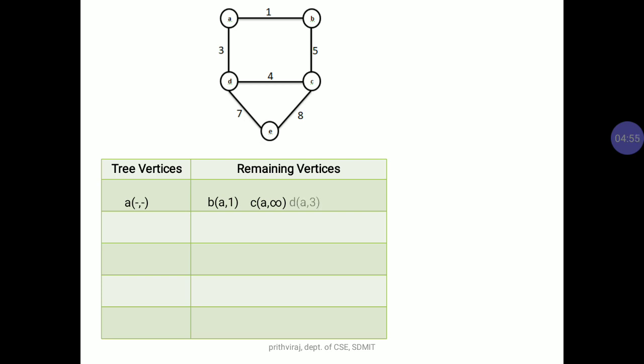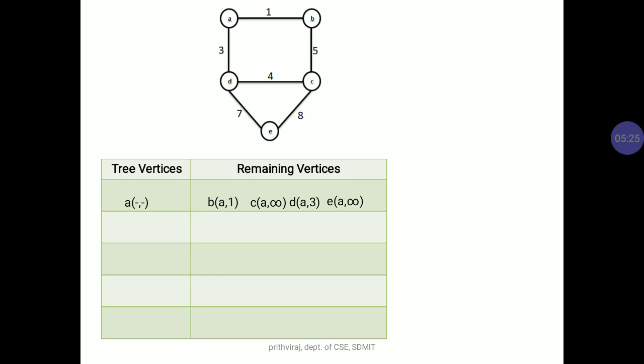Then another vertex D: from A to D, there is a direct edge with the weight 3. Next, E: from the figure, we can see that from A to E we don't have a direct edge, so we write E of A comma infinity. I hope the first row is clear to everyone.